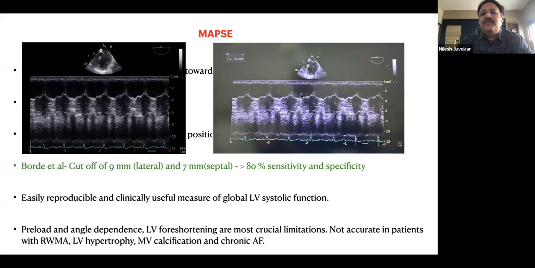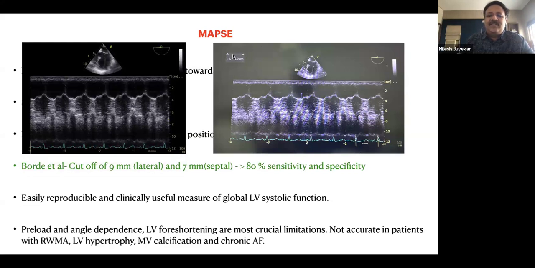This is your mitral annular plane systolic excursion, which is around 1.2 in this particular case. Deepak Borde and his colleagues have published a paper in which they mention a cutoff value of 9 millimeters for lateral and 7 millimeters for septal as an estimate of LV function, with more than 80% sensitivity and specificity.